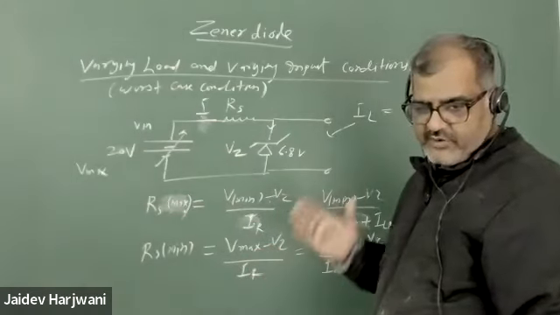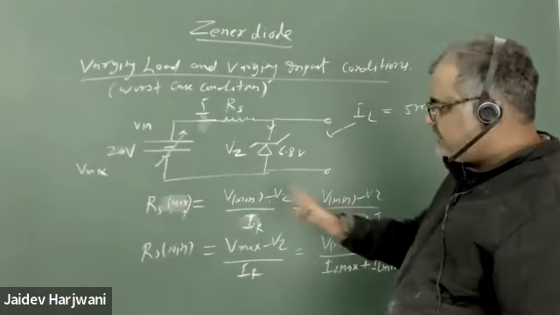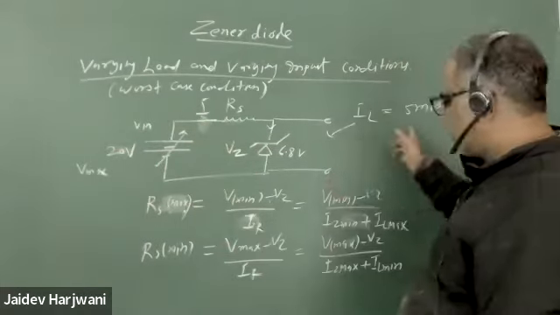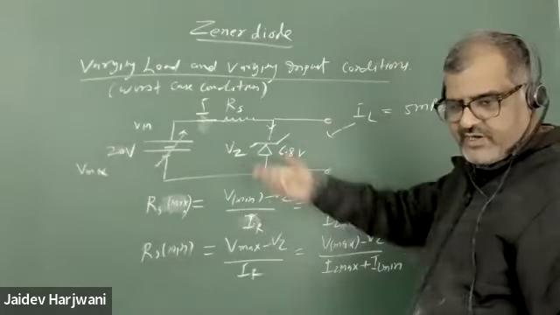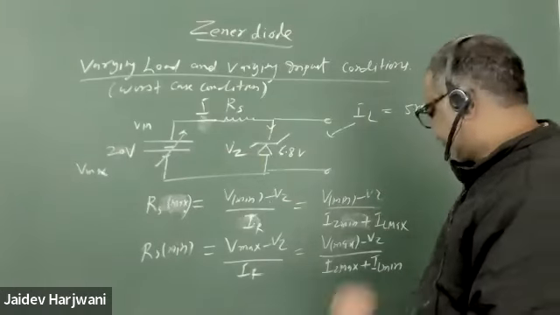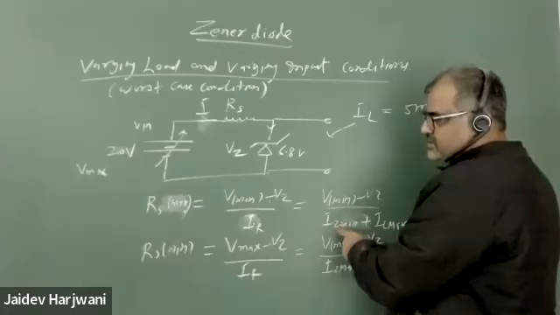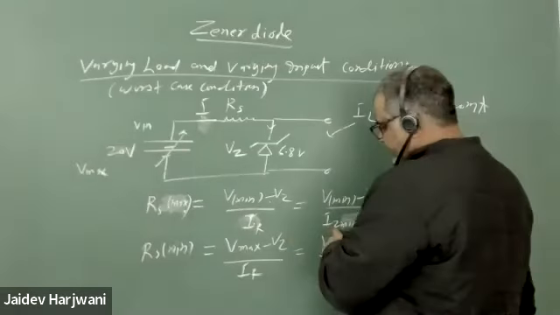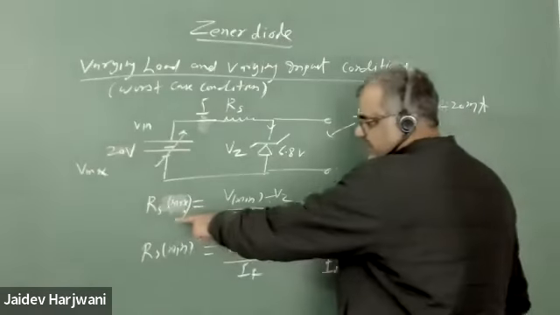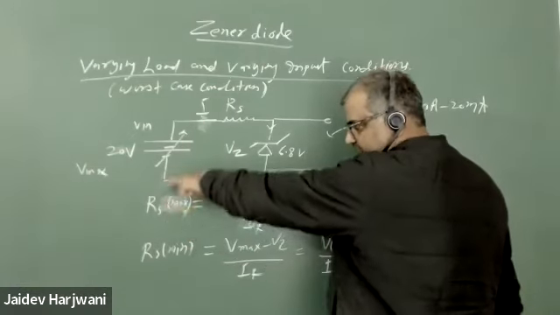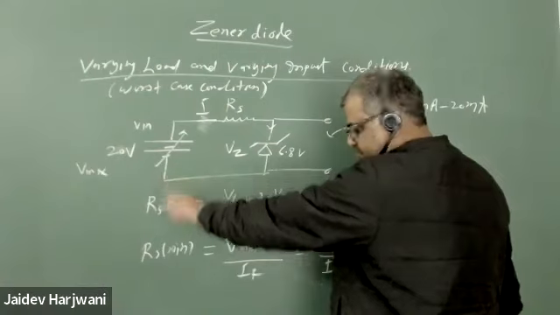So what you do, simply remember this formula. Wherever you get varying input and varying load condition, just apply this formula and you will get the answer. Now in some cases you can take IZ minimum also as 0. When you take IZ minimum 0, this will increase slightly. This will be the upper limit, so your resistance should be lower than this one.